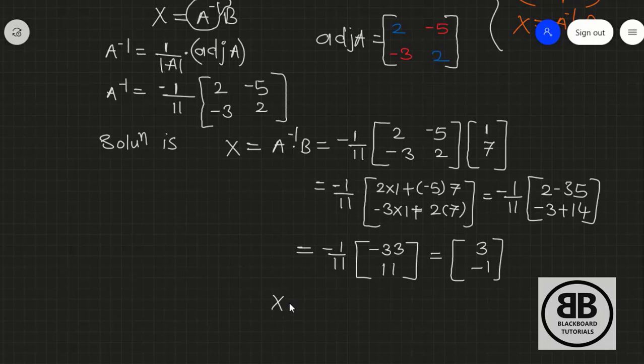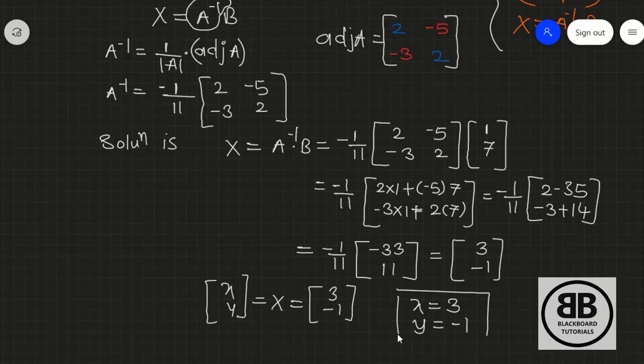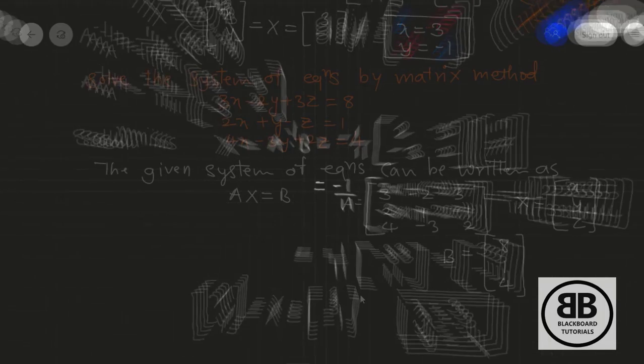LHS is X, so X is equal to 3, minus 1. But X is the variable matrix, which is nothing but x, y. Now these two matrices are equal, which means corresponding elements are equal. So x is equal to 3 and y is equal to minus 1, and this is the unique solution of our system.